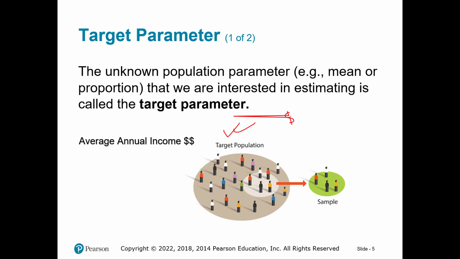If we want to collect the data for all the 600,000 people, it is quite impossible. So what do we do? We will collect data for a sample population, right? And then our target is to understand the average annual income.